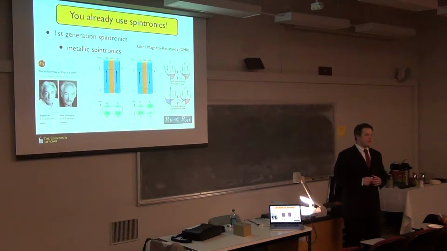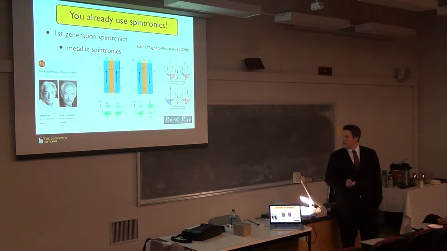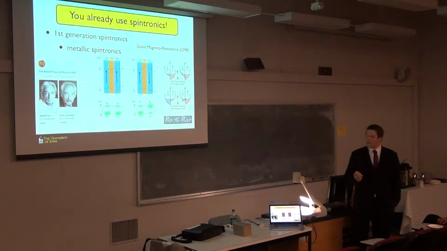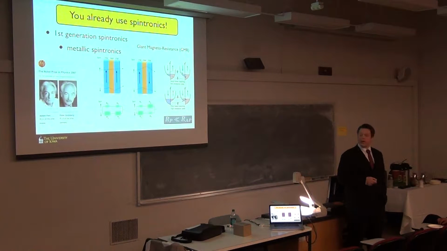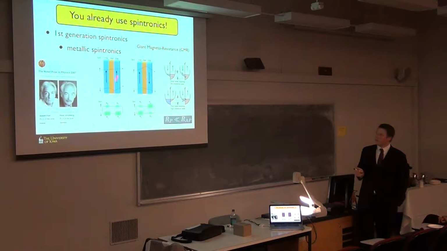We're already using spintronics, really, and we're using the first generation of spintronics, which was metallic spintronics, discovered in the 80s by Fert and Grünberg, who were awarded the 2007 Nobel Prize. The phenomenon they discovered was called giant magnetoresistance, and it's best explained in this simple little diagram here, where you have a ferromagnet sandwiching a non-magnetic metal, and then another ferromagnet.